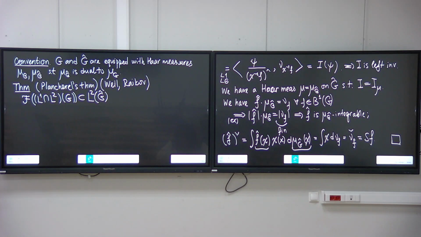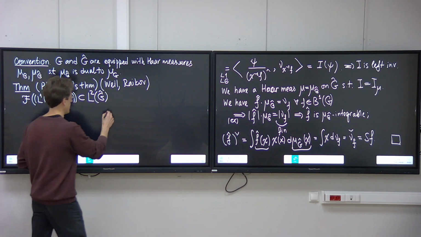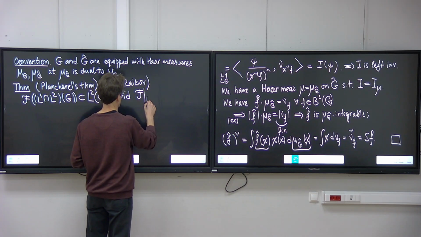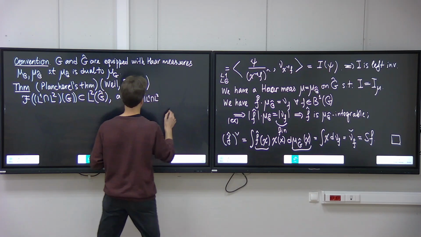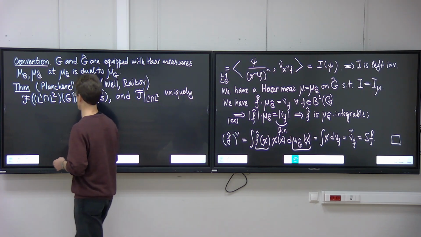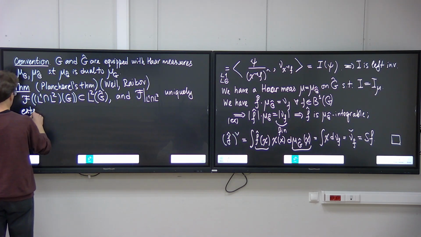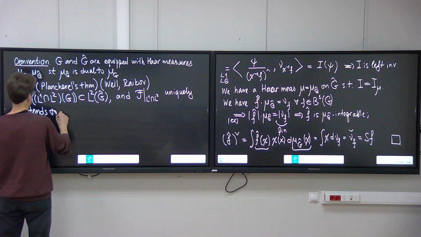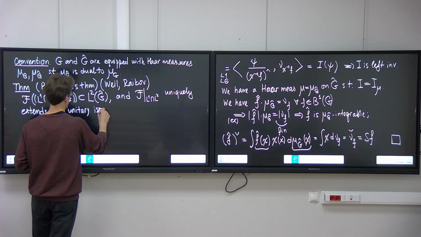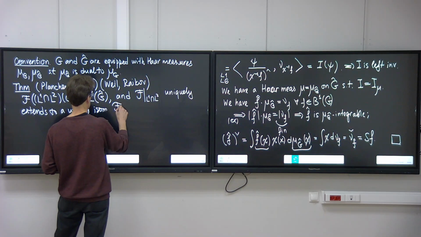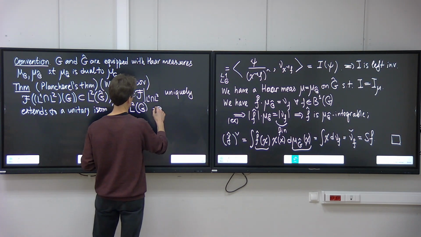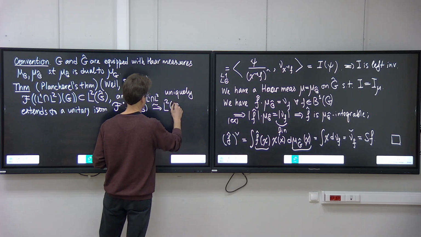And moreover, f restricted to L1 and L2 uniquely extends to a unitary isomorphism, denoted by f, between L2 of G and L2 of G hat.